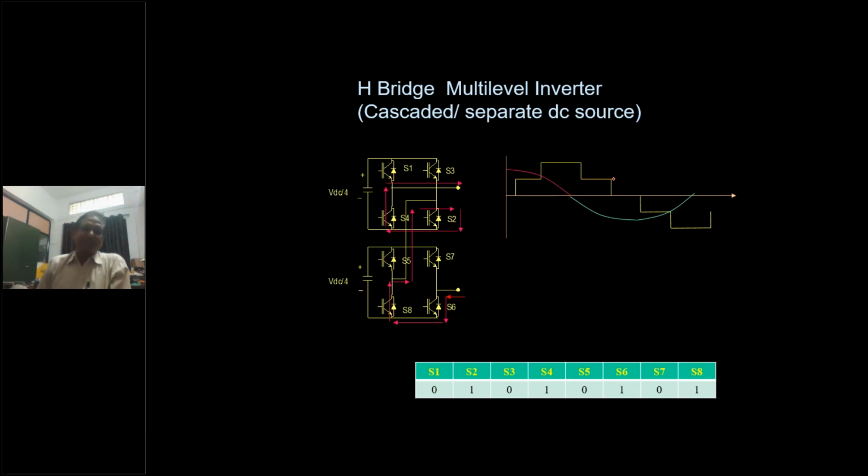Now we bypass both VDC sources, so the output voltage is now 0 because all switches are on. So we will get 0 voltage. What is next? The switching state is like this. We are going to bypass this source, but in the other source the direction is opposite, so we will get a negative voltage. What is next?